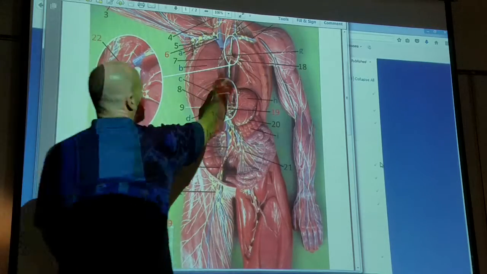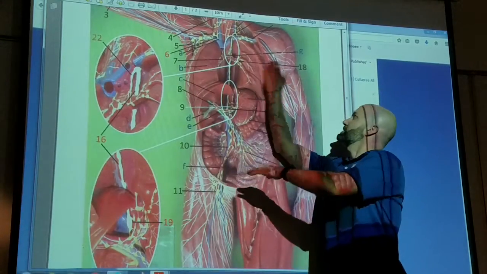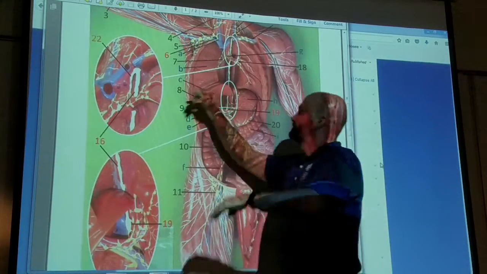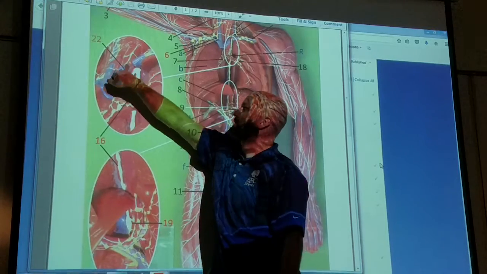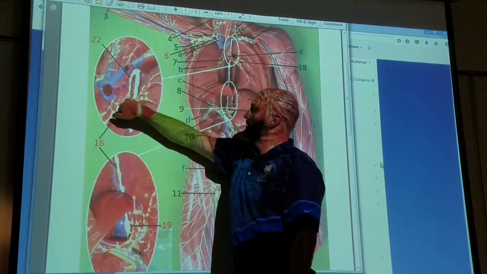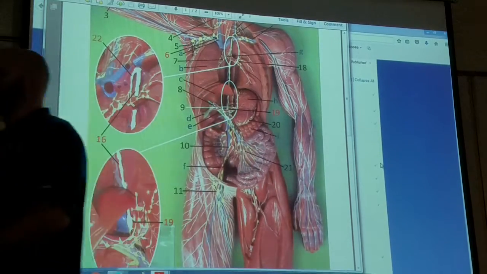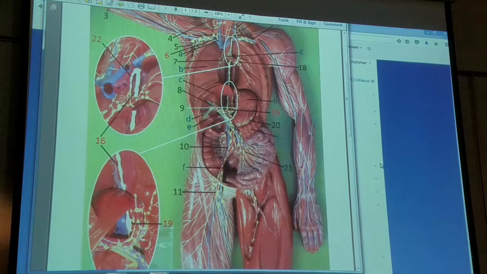So this is looking at it straight on, and you can only see thoracic. But if you look at it slightly from an angle, you can see this right here. So this is otherwise blocked by these vessels. So this is one of the trunks. Would it be jugular, subclavian, or bronchomediastinal?